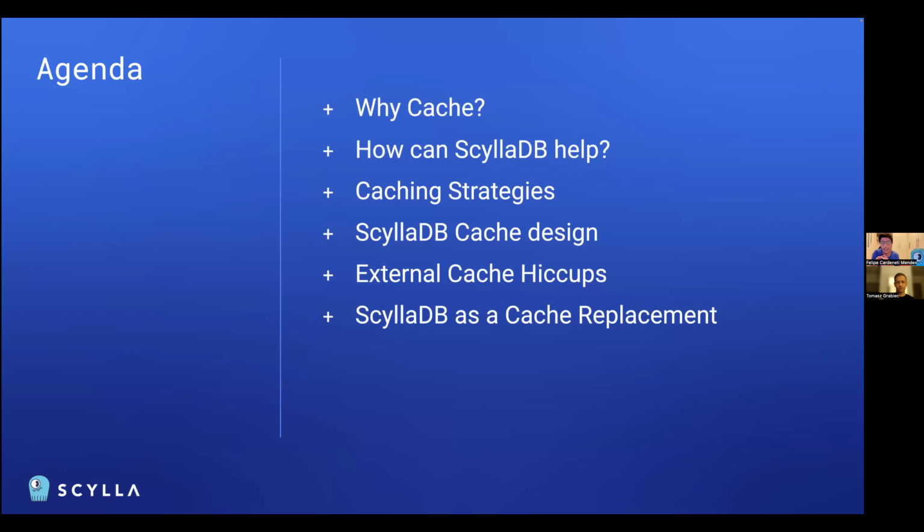And then we are going to study some of the most common caching strategies that exist. Once that's done, Tomek is going to jump in and discuss ScyllaDB cache internals. And right after, we are going to discuss some notable problems encountered when making use of an external cache, and also discuss why it might be a bad idea to do so. And finally, discuss ScyllaDB specific features to further use it as a cache replacement.